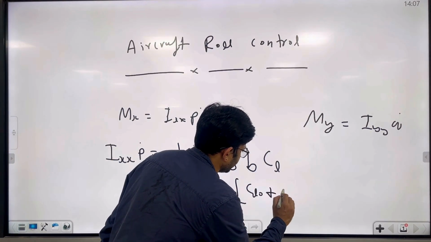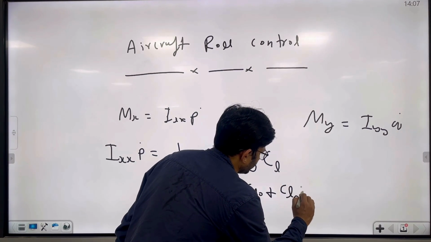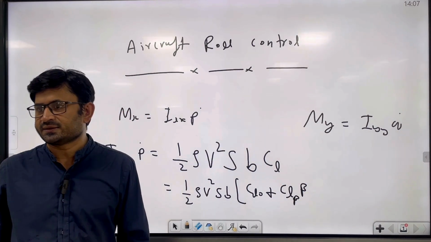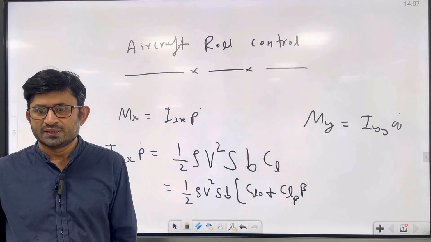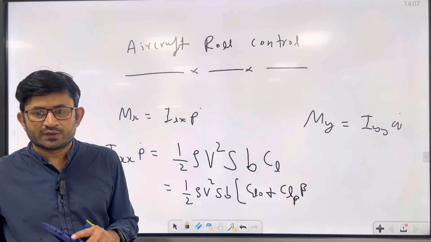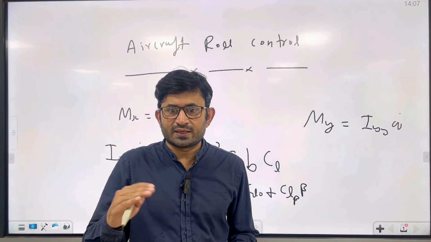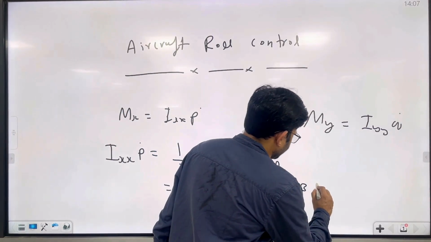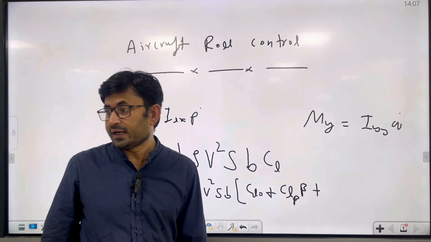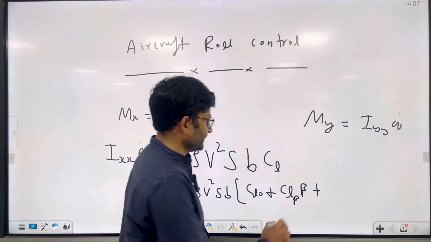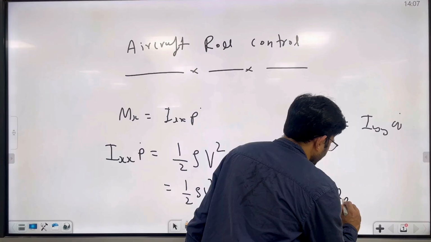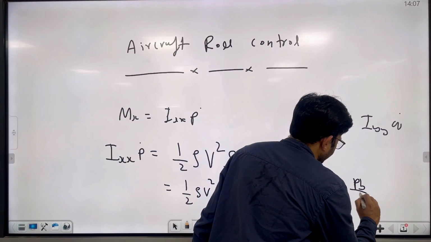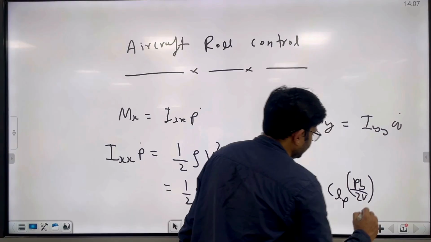For example, Cl naught, Cl beta into beta, where beta is the sideslip angle, so Cl beta decides whether you are stable or unstable in the roll case. Cl beta is negative. Cl beta into beta, and plus you can add a damping term, Clp into pb by 2V.